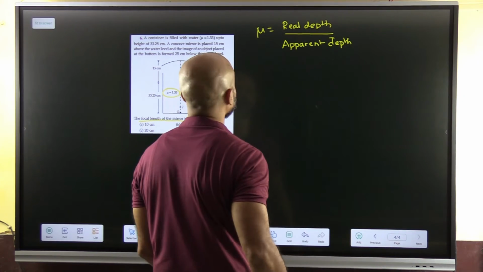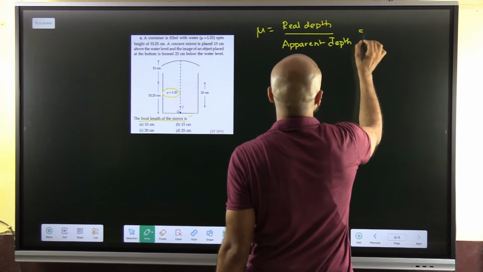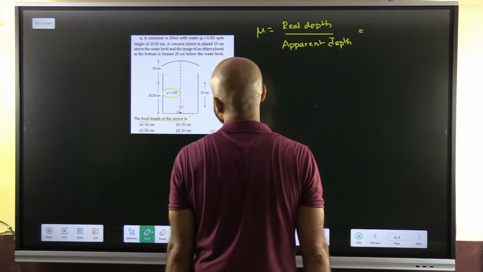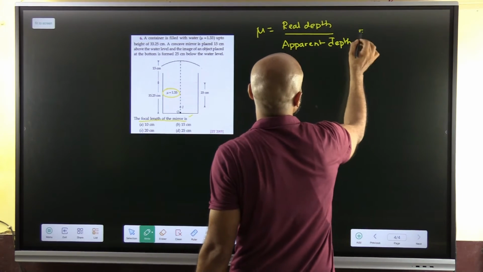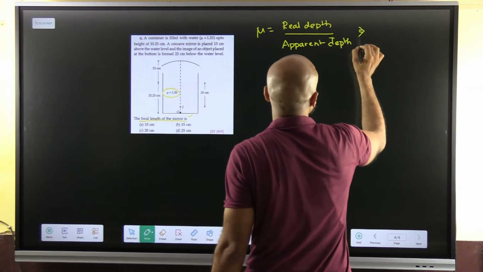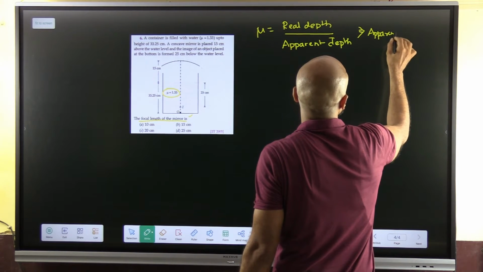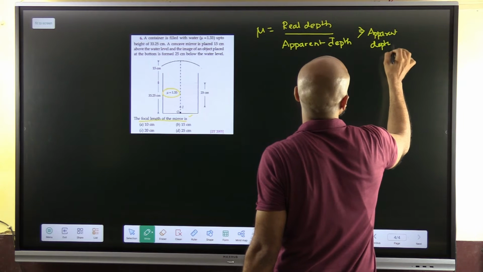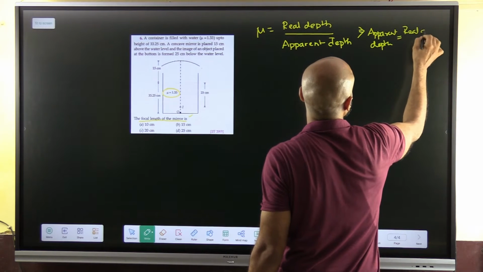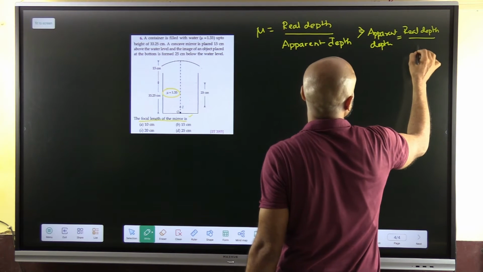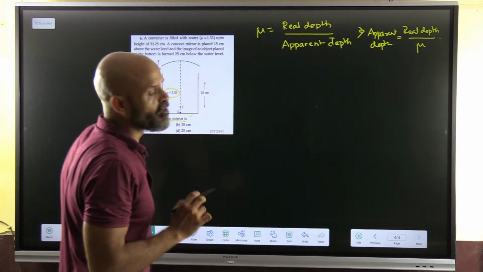We'll go by case to case basis, or we can also say that the apparent depth is equal to real depth upon mu. The apparent depth will be equal to real depth upon mu.